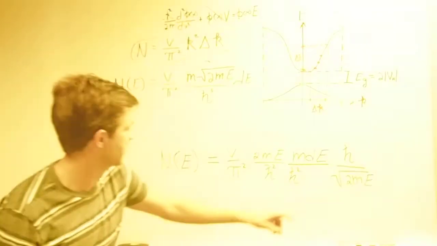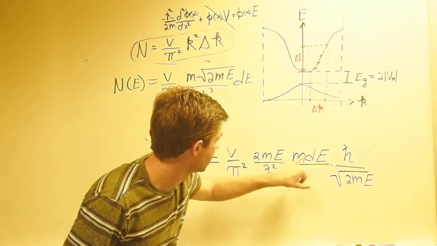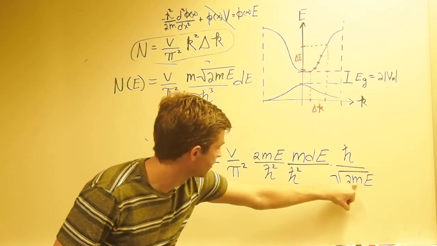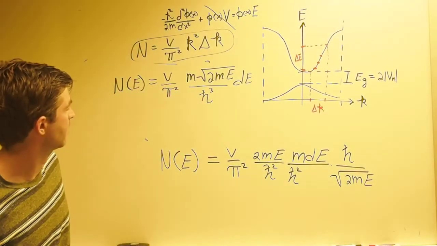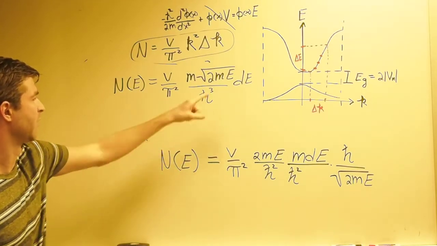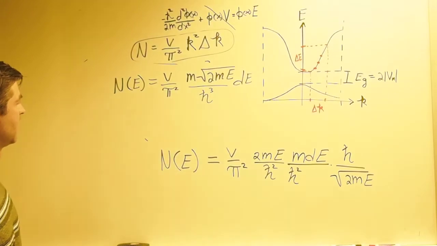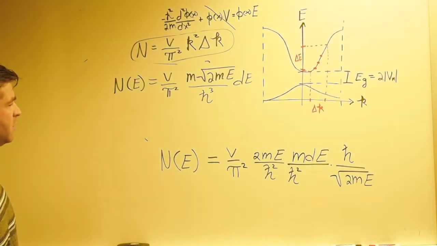Let's double check here. This goes up here, cancel, cancel. The square root of m. Okay, we can bring that out, or we could bring m out and write m in terms of 3 over 2. And now I have the number of states, right?